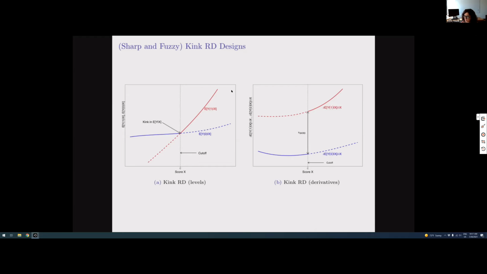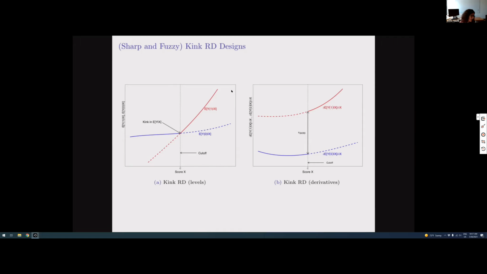So it could be, for example, a piecewise linear rule that at particular levels of income changes the rate at which you have to pay taxes, or at particular levels of income changes what kind of unemployment insurance you can get. And so this rule introduces kinks. So you might expect that the rate at which the policy is operating is changing at this kink point.